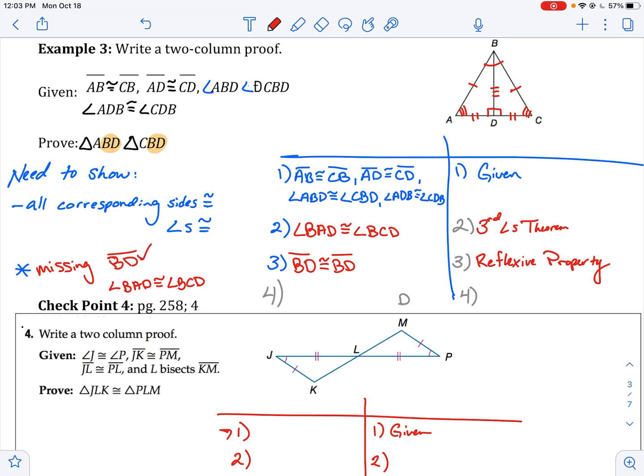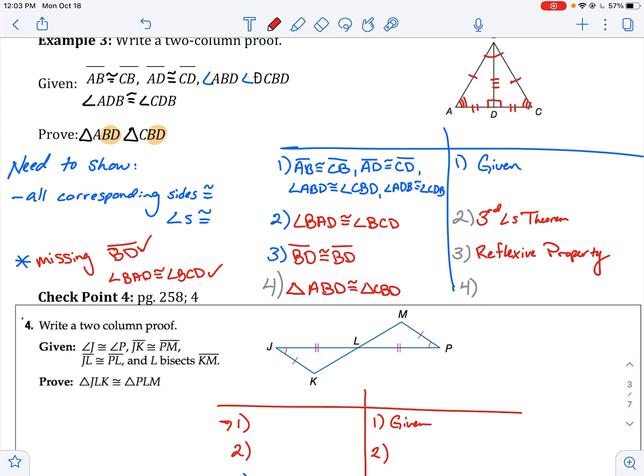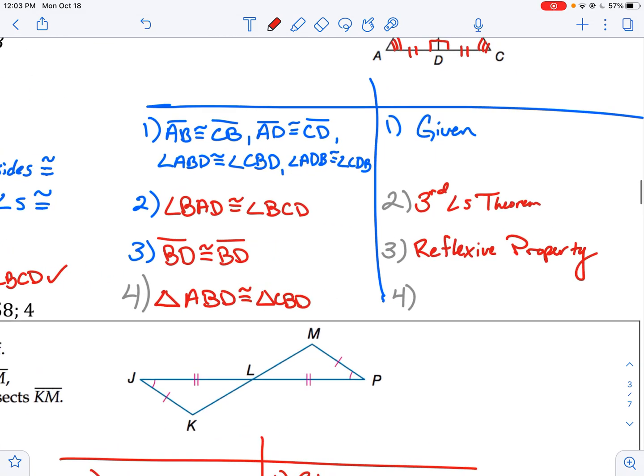Then I've got BD, I've got my angles. That means that every single thing that's corresponding is congruent. Then I can finally say that ABD is congruent to CBD. And there are a lot of ways you could claim this.